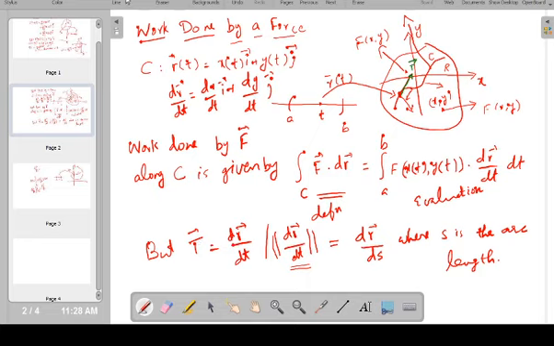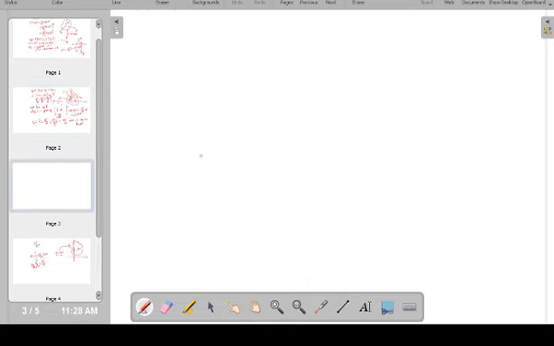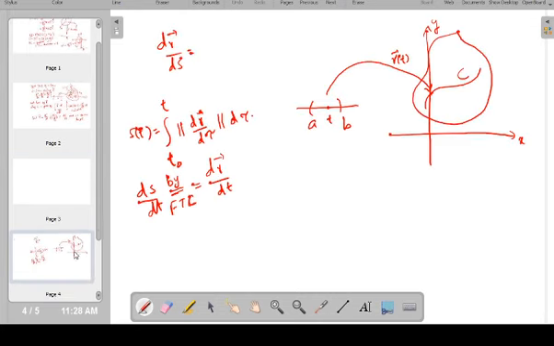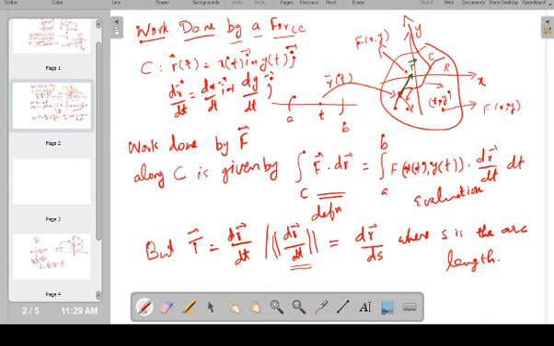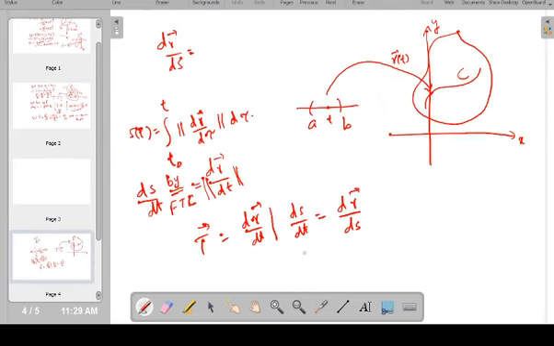So T is equal to dr by dt divided by norm of dr by dt, so it is ds by dt. Dr by dt divided by ds by dt is precisely dr by ds. That's what we have observed in the previous slide. Yes, T is equal to dr by ds.